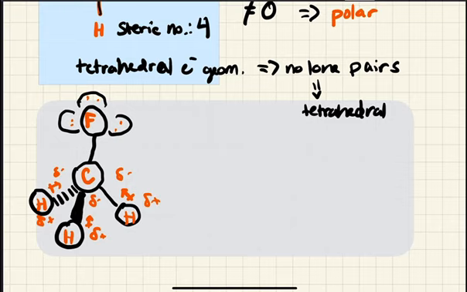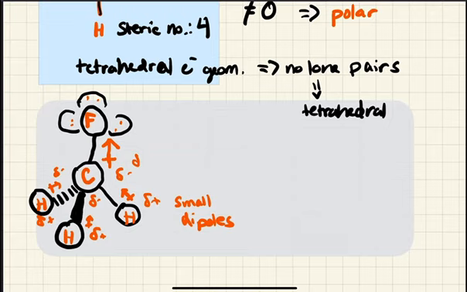Now it's important to note that these are small. They don't make a large difference in the net polarity of the compound. But we do have a larger difference between carbon and fluorine, and so that bond dipole is pretty big and is pointed towards the fluorine.